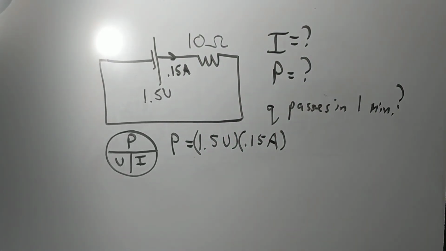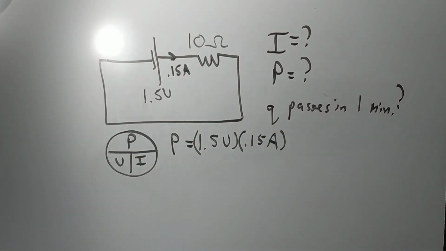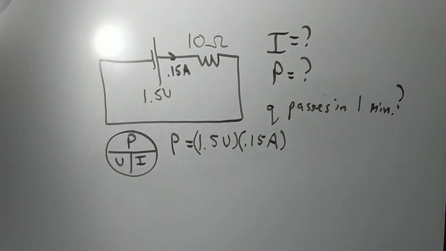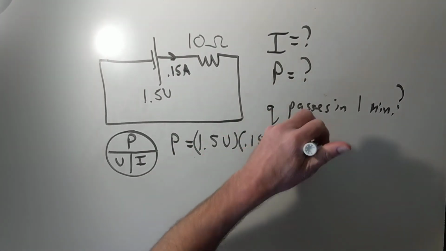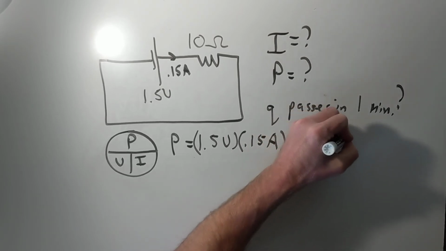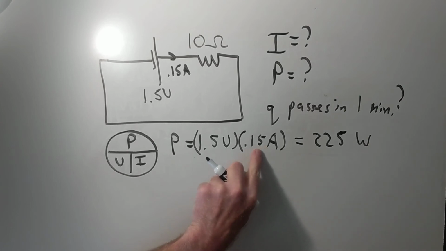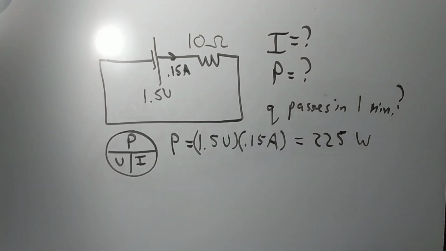And let's see what we can get here. So if we notice, this is 1.5 times 0.15, which is really similar to 15 times 15. So 15 times 15 is 225. It would be watts. But then notice we are 2 decimal places back here and 1 decimal place back from here.